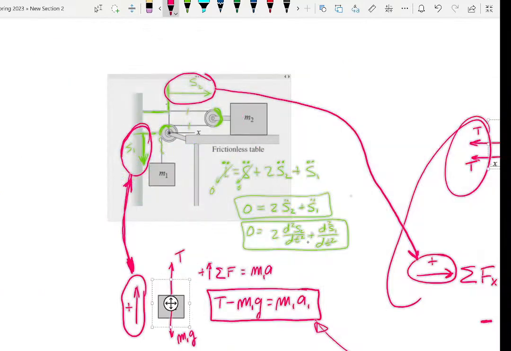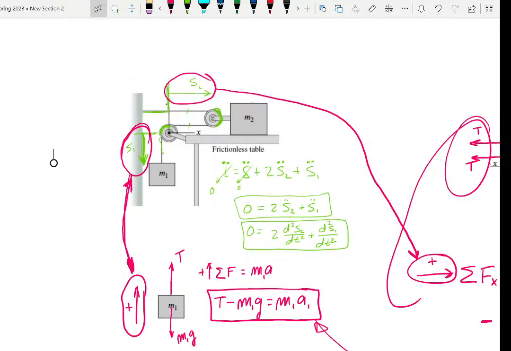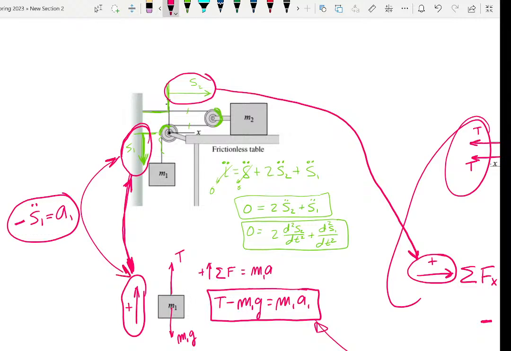So if I'm relating these two, I would say S1 double dot is actually in the opposite direction of the acceleration. And that's because of these two, my purposeful making them go in opposite direction. And the reason I was purposely doing that is to show that this can happen.